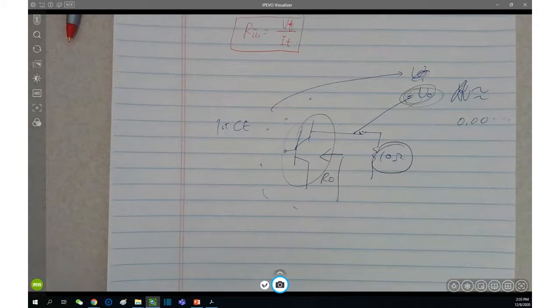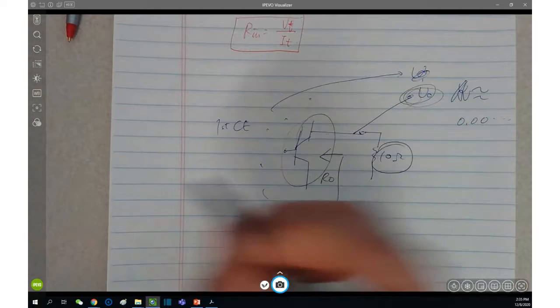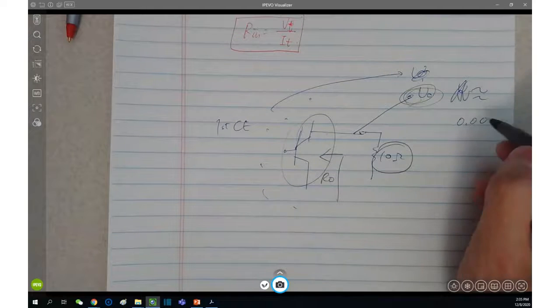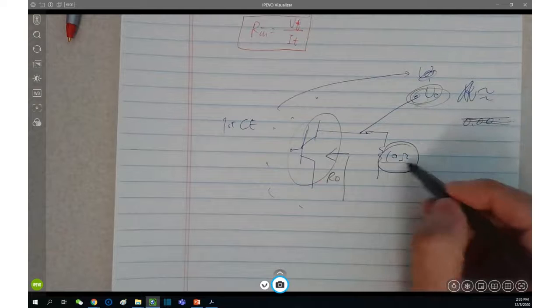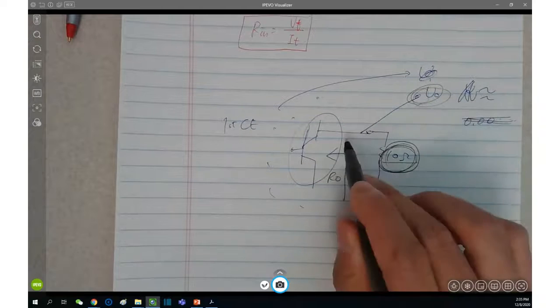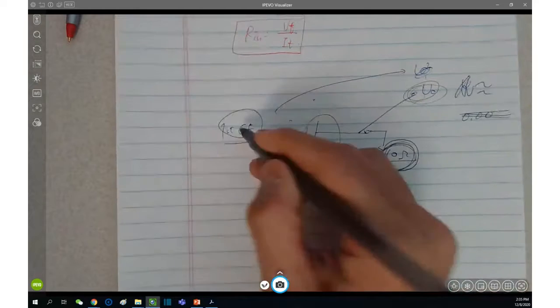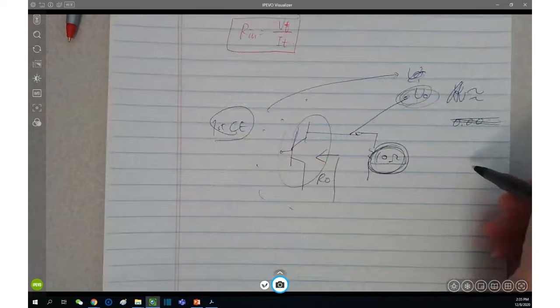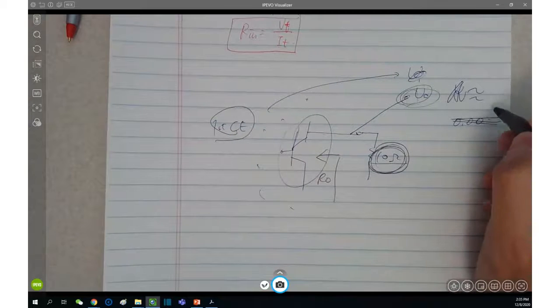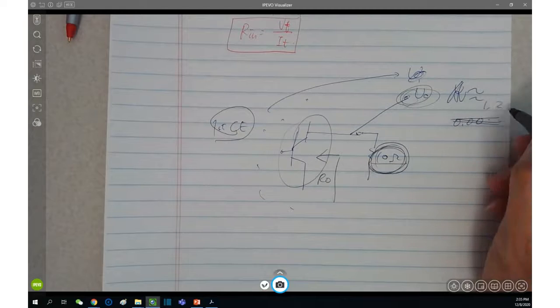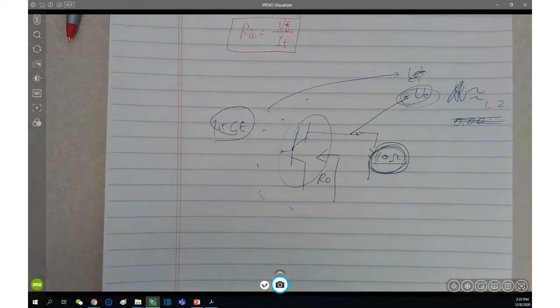Say you end up with a gain with the 10 ohm load for the first stage CE that turns out to be 1, or even 2 or higher. Definitely something is wrong. That's impossible.